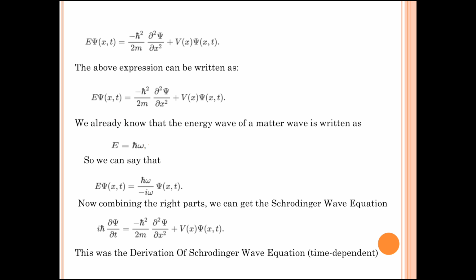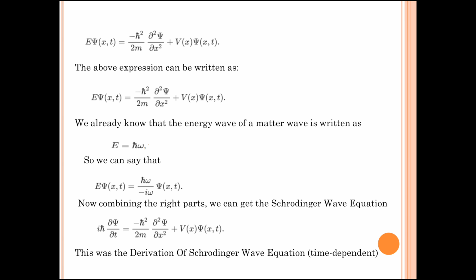Now the equation for E psi of x,t is equal to minus h bar squared by 2m del square psi divided by del x square plus V of x into psi of x,t. The above expression can be written as, this is also right like this one.